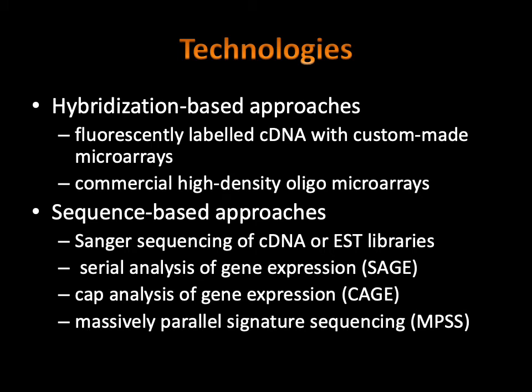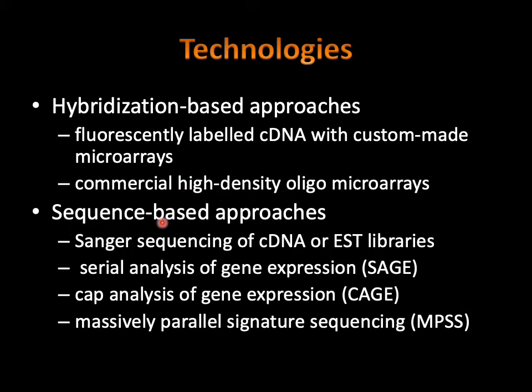So the technologies that we can use to understand things like these are related, obviously, to genomics. We have hybridization based approaches. For example, we can use fluorescently labeled cDNA with custom-made microarrays. We also have commercial high-density oligomer microarrays.